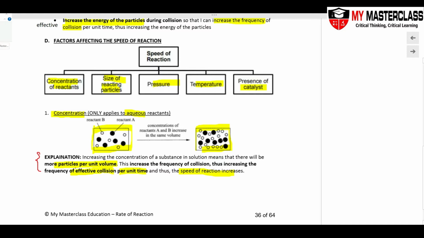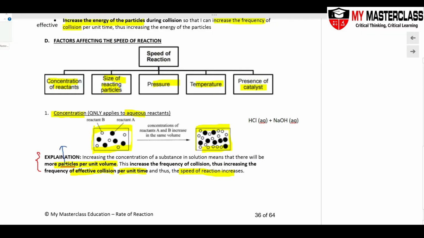Over here I'm using particles. But if your question is like HCl aqueous plus NaOH aqueous, your acid plus alkali, and I increase the concentration of the acid, there are more particles. Please write it out, it's very general.